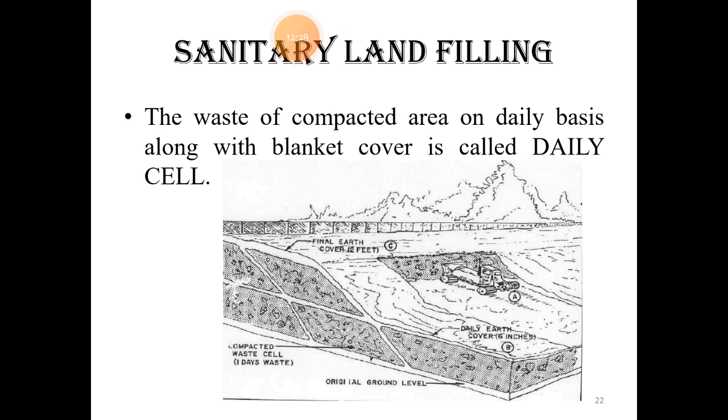The waste of the compacted area on a daily basis, along with the blanket cover, here blanket refers to the soil cover, is called a daily cell. A pictorial representation of a daily cell is seen here in the picture of the slide.